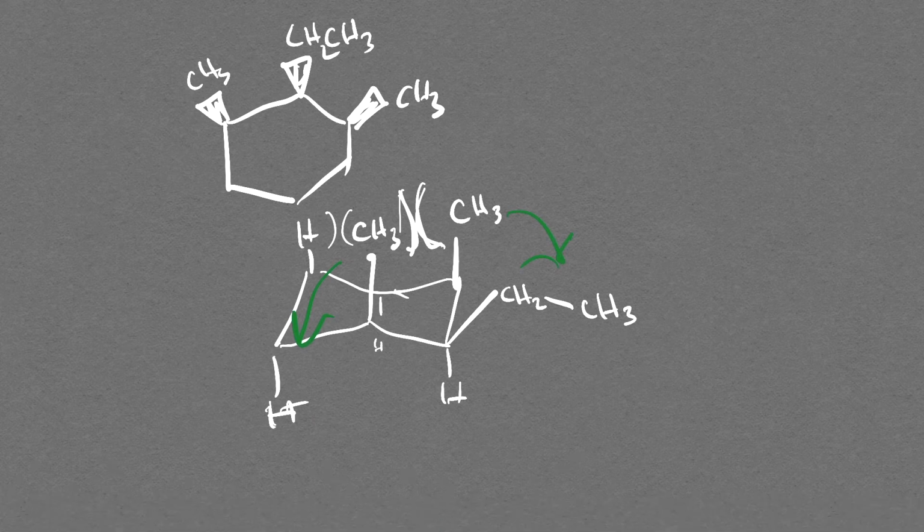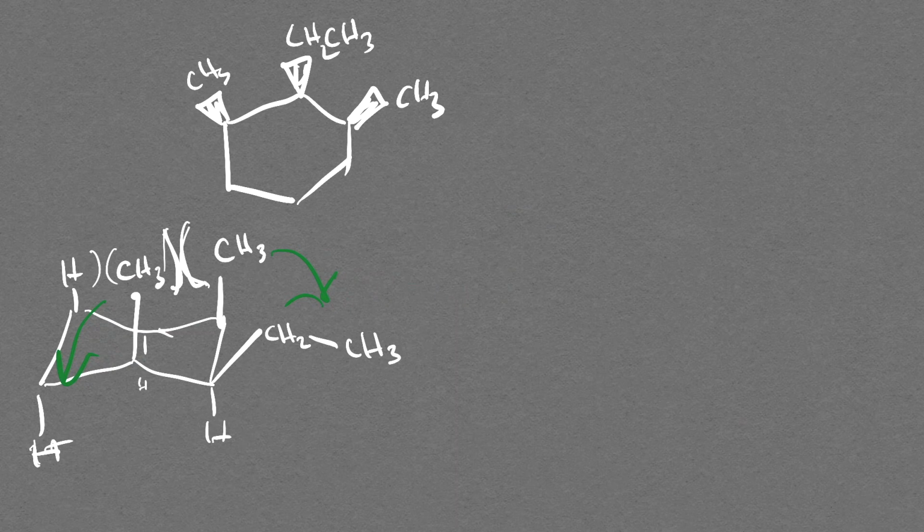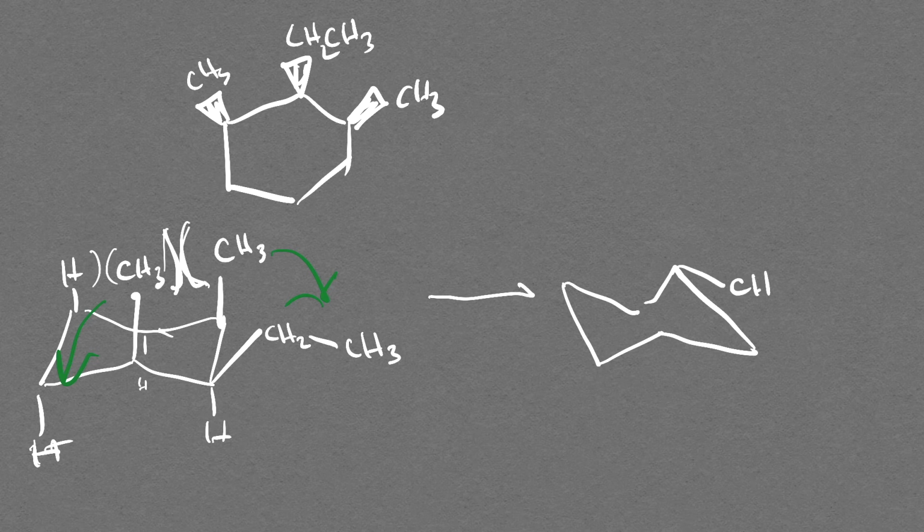Because your alternative in this configuration is to get the ethyl group up. And actually, the ethyl group is not so bad, and I'll show you why in just a second. The ethyl group is not significantly worse than a methyl group in terms of how sterically encumbering it is, because now if I draw this, my methyl groups are equatorial, right?